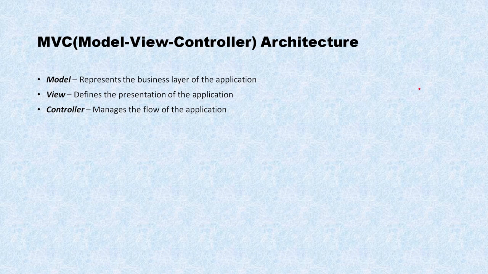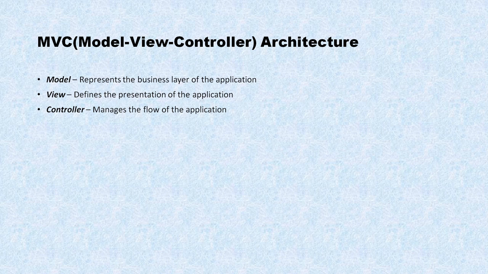One thing you should keep in mind is that the model is basically a combination of three things: service plus DAO plus POJO. When we say view, we mean the presentation layer, all the UI components, whether that is JSP or a combination of JSP, HTML, CSS.